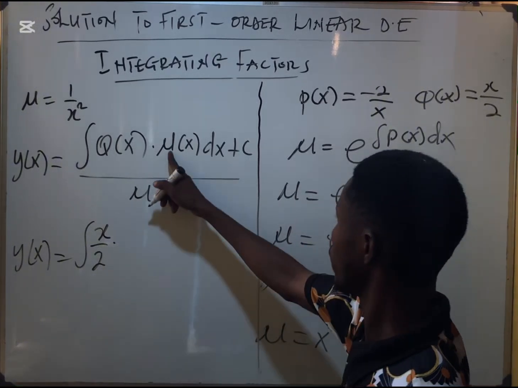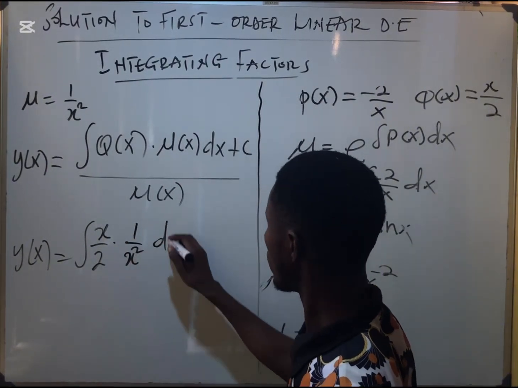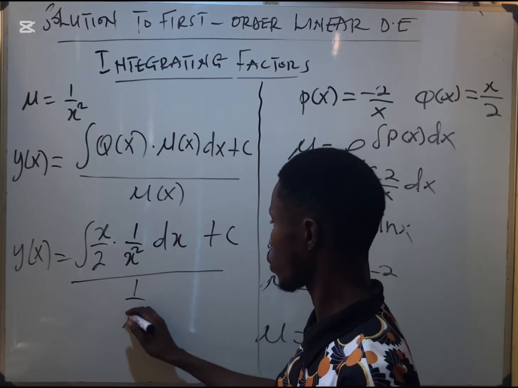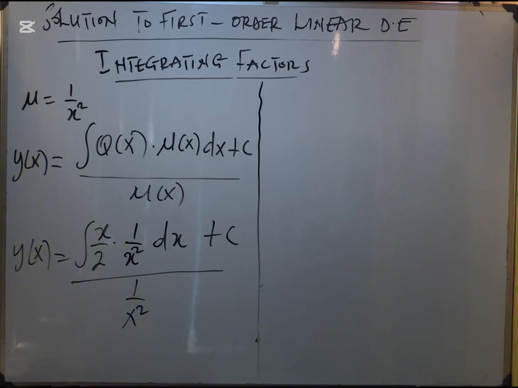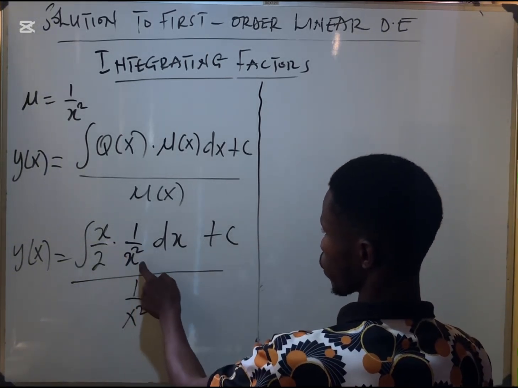So the integrating factor is 1 over x squared, then the integral of the x plus c, all divided by 1 over x squared. So now let's see what we can do. This x will cancel this x.